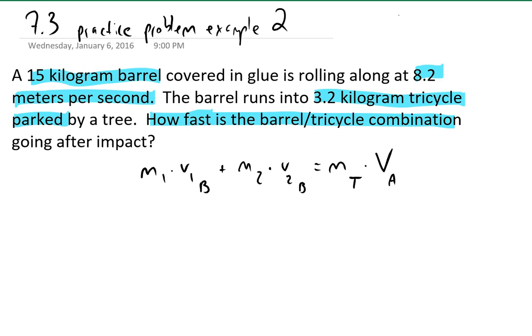Okay, something to notice right quickly. The first half is just like the elastic collision problems. Nothing's different there. It's the second half, where we'll see in a second, where things get a little bit different.